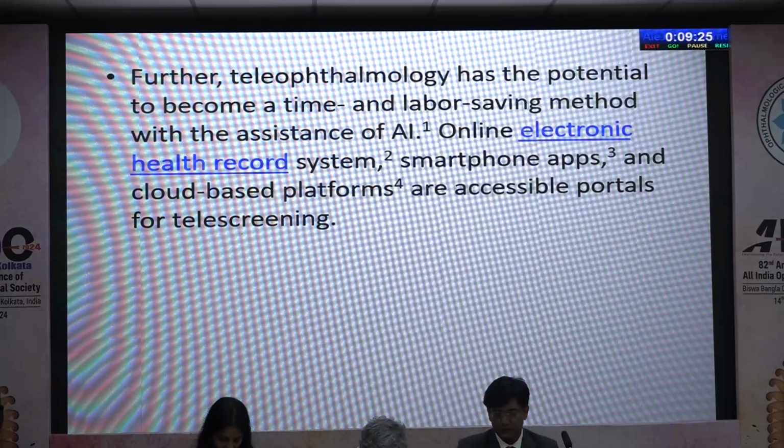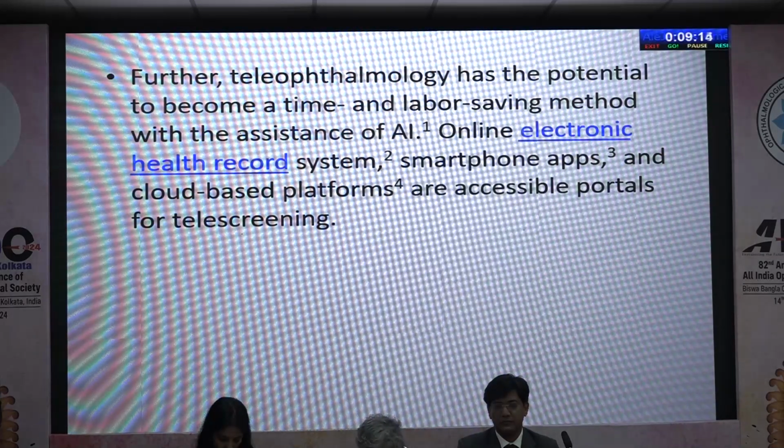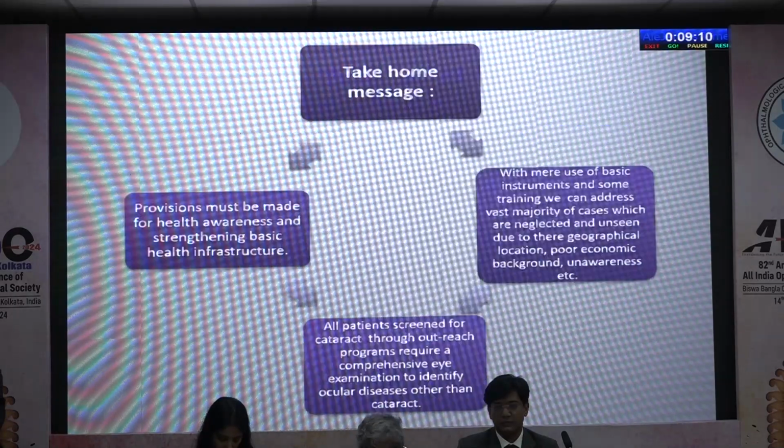Further, tele-ophthalmology has the potential to become a time and labor-saving method with the assistance of artificial intelligence, online electronic health record systems, smartphone apps, and cloud-based platforms, which are accessible portals for tele-screening. Take-home message.